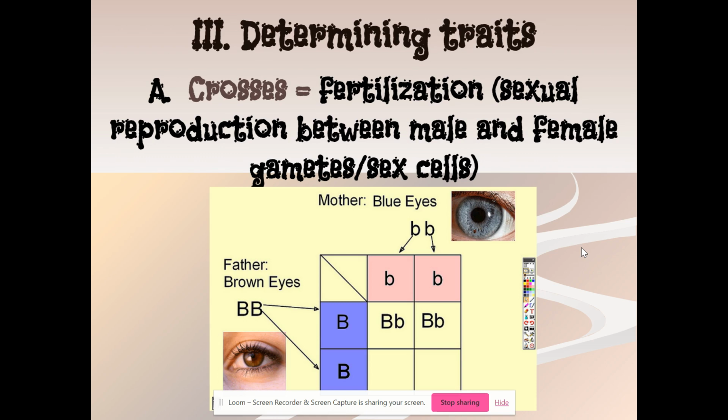We can see those on the left, and those that mom has to provide, and we can see those on the top. Now, if you notice, there are 2 copies. So if you remember, everybody has 2 copies of every gene because everybody has 2 parents.